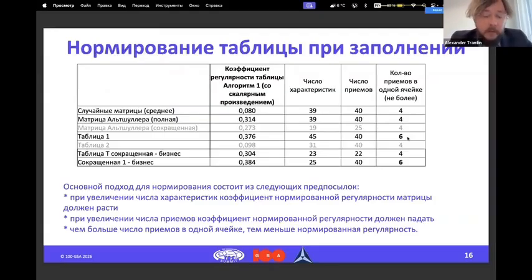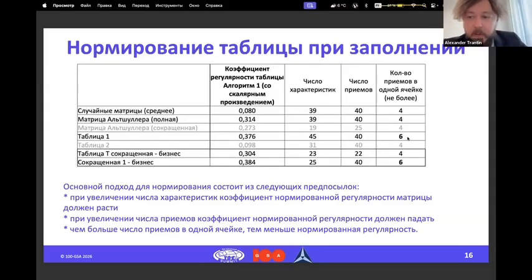That is why we base on the normalization logic of the matrix. So if we increase the number of the parameters, then the ratio of the matrix is increasing as well, and the ratio shall go down if the number of the characteristics is less, and the number of techniques per cell. So this is what is written on the table on the screen.